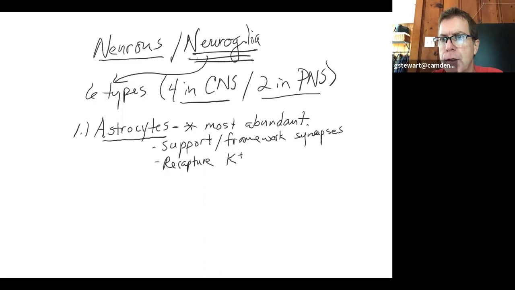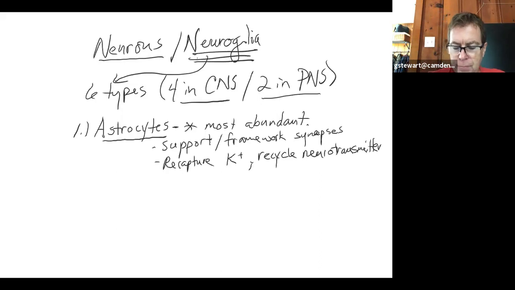They also recycle neurotransmitter, which is the chemical used to send, that's why it's called transmitter. It's the chemical used to transmit a nervous impulse. They help process brain information.